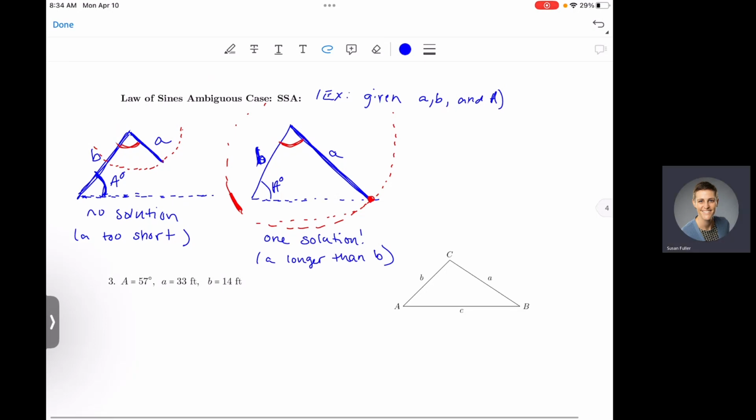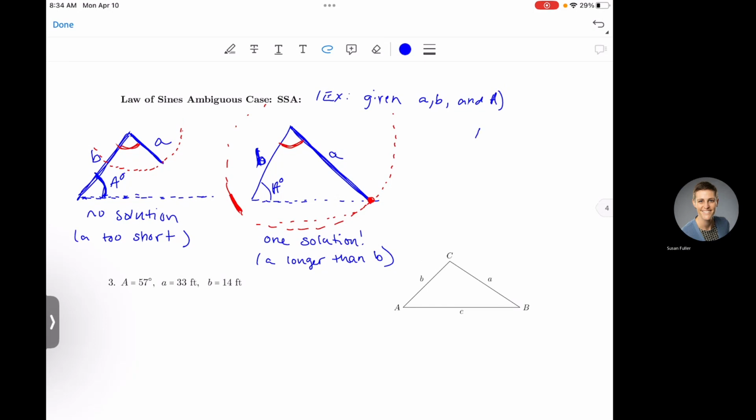And then the last scenario we have, so let's say B is this length, and I know what angle A is. I just don't know how long side C is here.